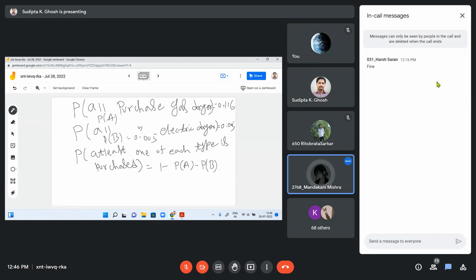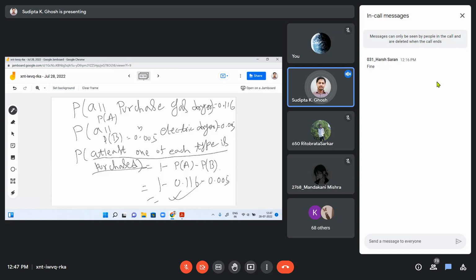Exactly. At least one of each type is purchased is the complementary event of all gas and all electric. So you are writing 1 minus 0.116 minus 0.005. Is it fine for everyone? Yes, sir.